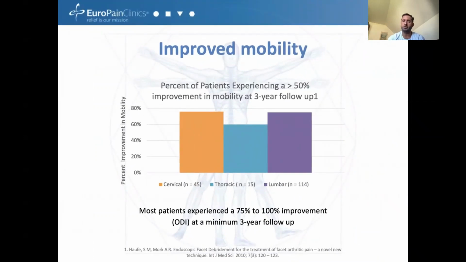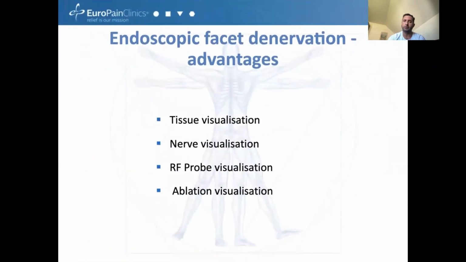What I see as an advantage is really that this concept is not just focused on denervation. It's really focused on sort of treatment of the facet joint, taking away maybe the inflammation and giving an arthrotic facet joint a sort of a little bit better quality.